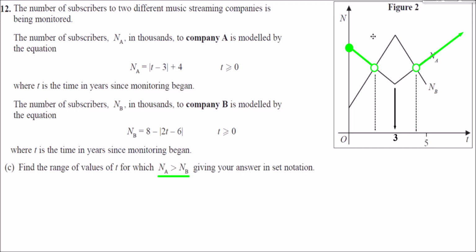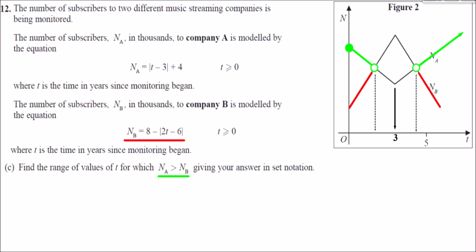As we can see, there are two clear, separate, non-overlapping regions either side of this critical value 3. I'm wanting when the green is higher than n subscript B. Just to make it clearer, I'll highlight n subscript B in red. Essentially I'm just wanting when this red line, which I'm going to highlight now, is below the green. And as you can see, it comes in two different parts.